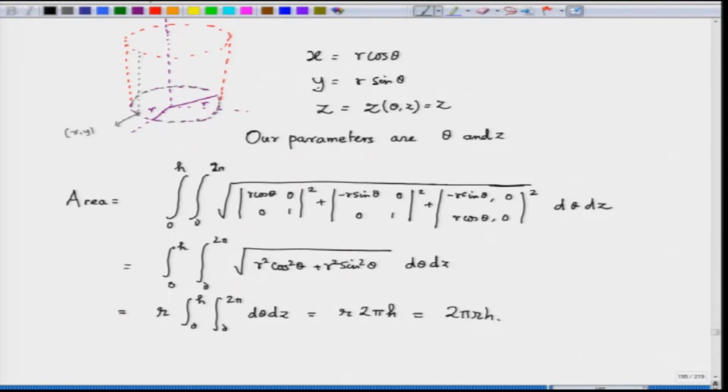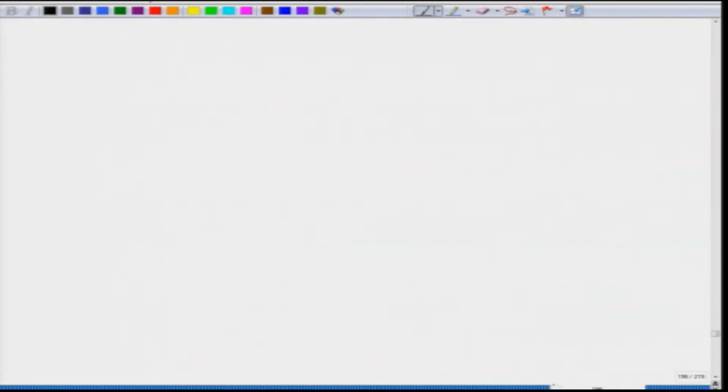You can also look at a surface. Here is an example from the book, but I would like you to try it out yourself. This is homework, so before I end, I give a homework. Take the surface parameterized as x equal to r cos theta, y equal to r sin theta, and z equal to r. Your r and theta are your variables; you parameterize by r and theta.